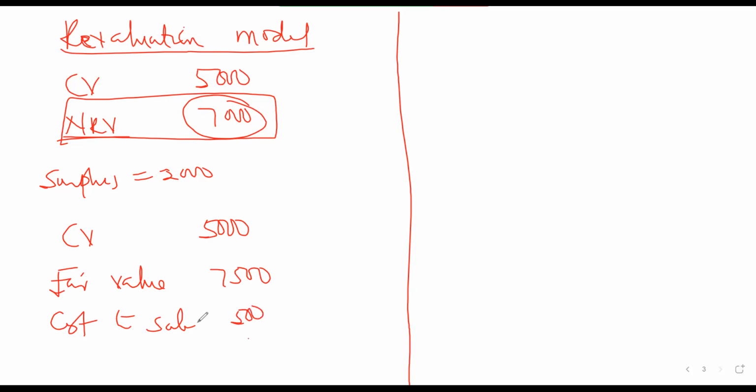Okay, you have two ways of doing this. First of all, you can revalue the asset before the classification. So you revalue the asset, then you have 7,500 minus 5,000. You are going to have a revaluation surplus of 2,500. Then you will now come and classify the assets.